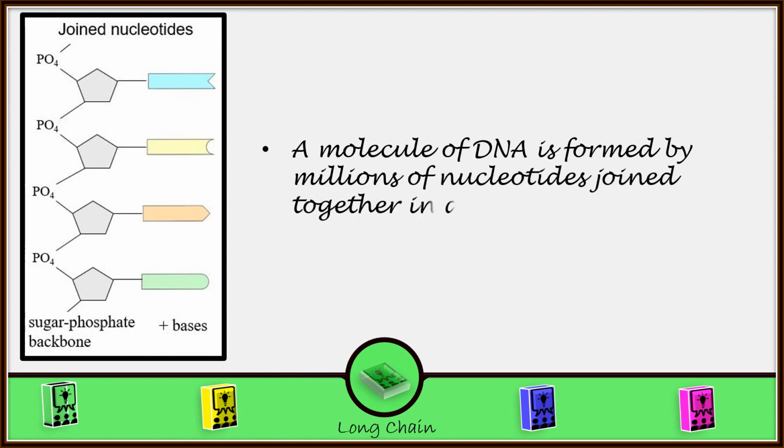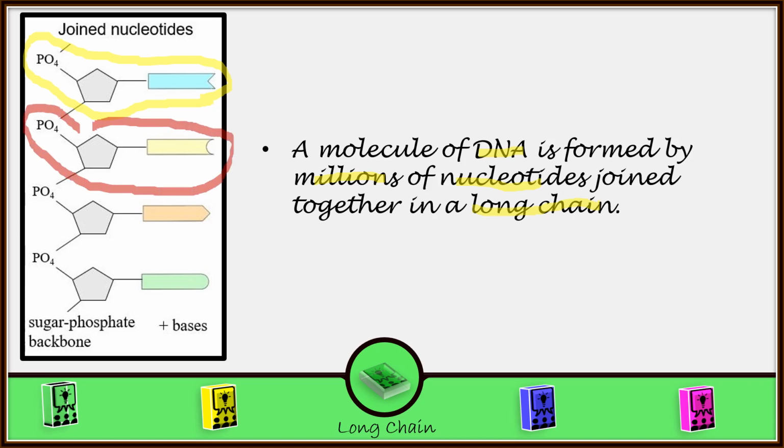A molecule of DNA is formed by millions of nucleotides joined together in a long chain. So when we talk of DNA, DNA is made up of millions of nucleotides, and these nucleotides are joined together, and when they are joined together, they will form a longer chain, and now that long chain can be referred to as a DNA molecule.